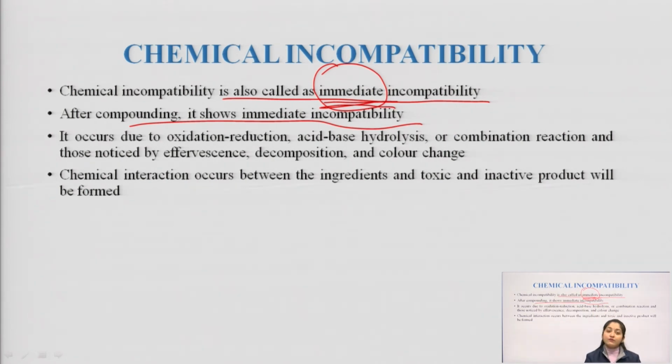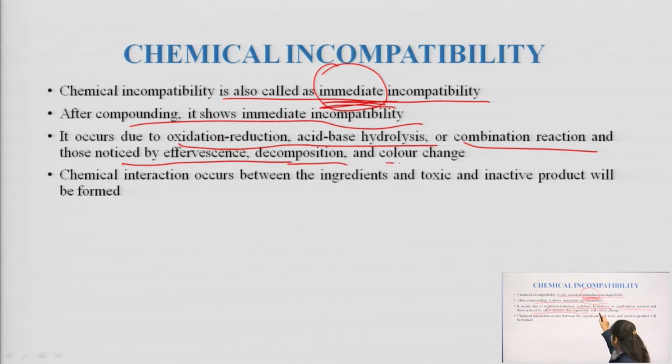It is important to understand that chemical incompatibility needs to be taken care of, because once improper mixing of medicaments takes place, it is immediate and we hardly get any time to reverse the phenomenon. Chemical incompatibility is nothing but an immediate incompatibility. It occurs due to oxidation reduction, acid base hydrolysis or combination reaction, or is noticed by effervescence, decomposition and color change reaction.